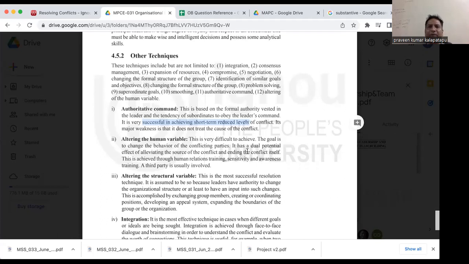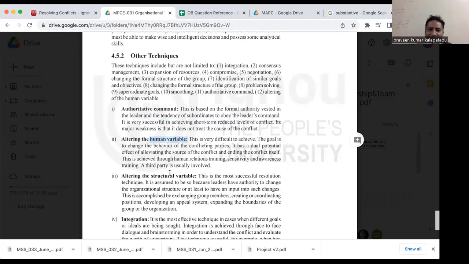So the second is altering the human variable. This is actually a very difficult task. So what is the human variable? It is about altering the way the conflict parties think. You are fiddling with their behavior itself.